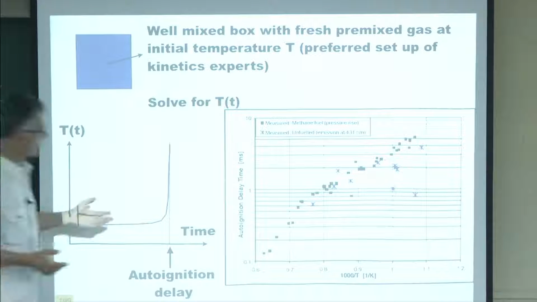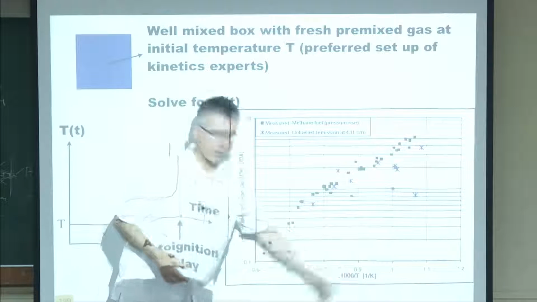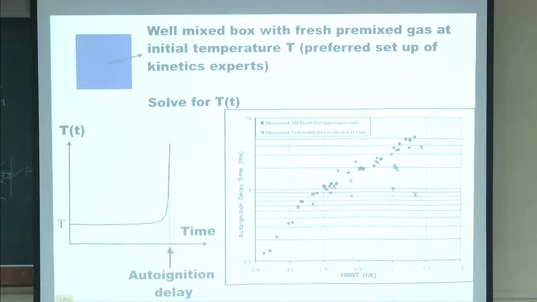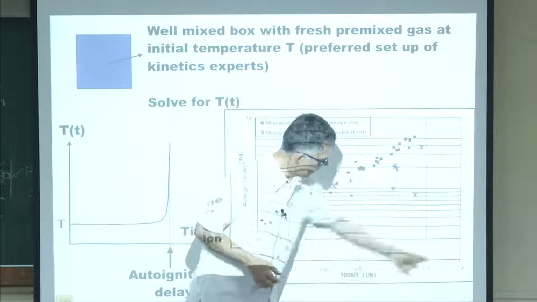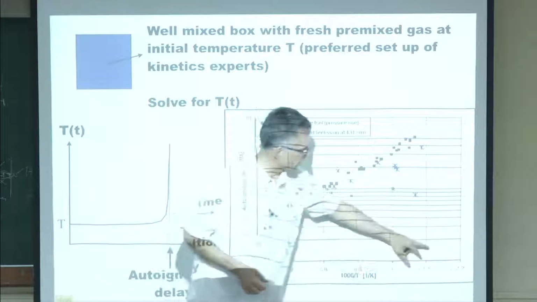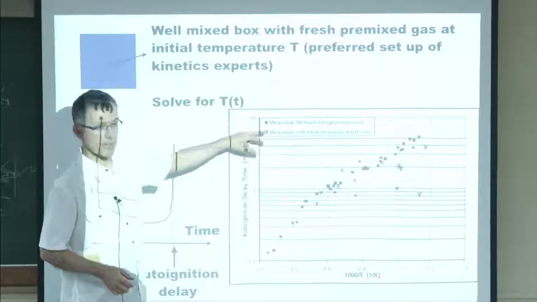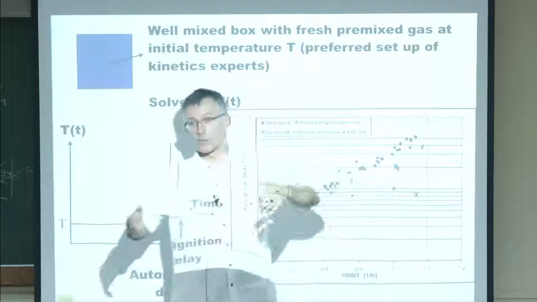So if we plot the auto-ignition time as a function of 1/T, for some reason, people working on auto-ignition actually like to use 1000/T. And we know that basically when this is large, it really means that the temperature is low, so the auto-ignition time is very long. It could be 10 milliseconds, but actually it could be 10 hours if you keep going in this direction. In this room, it will be 10 hours.